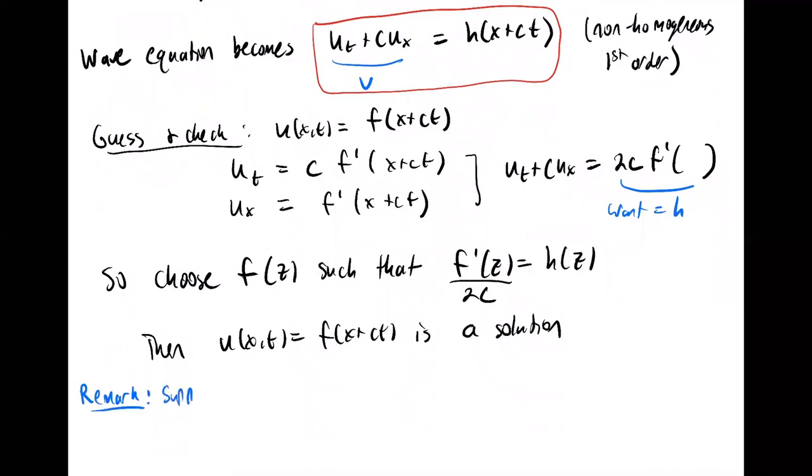Suppose I have any solution to the homogeneous version of this linear equation. So suppose, let me call it u tilde, is a function with, let's say, u tilde t plus c times u tilde x is equal to 0, right? So now I'm replacing h by 0, right? So this is the homogeneous equation.